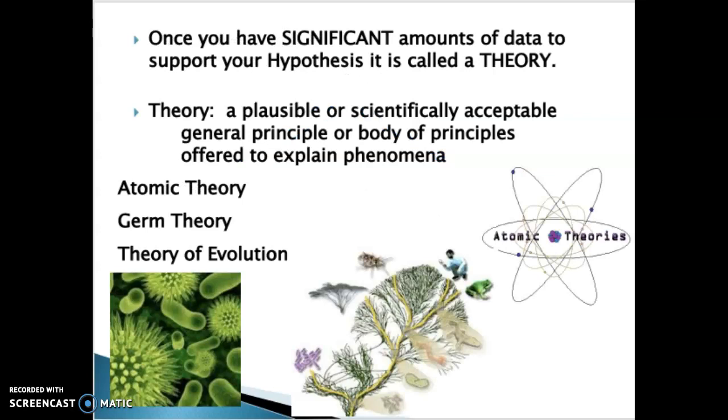Notice the stressing of again and again. And then once you have a significant amount of data to support your hypothesis, you've tested this and tested this and tested this, your hypothesis can move to the status that we call a theory.